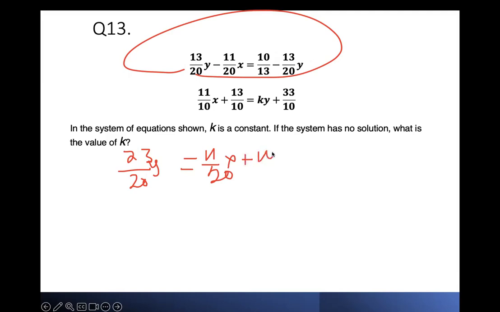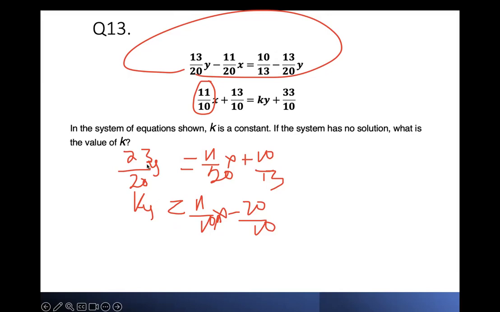So you have plus 10 over 13. That's the first equation. Second equation, I have ky. You stay there. And then this number, you stay here. 11 over 10x, right? And then this goes here like that. So 13 minus 33 is what? Minus 20 over 10. The intercepts are not the same, but the gradient looks similar.